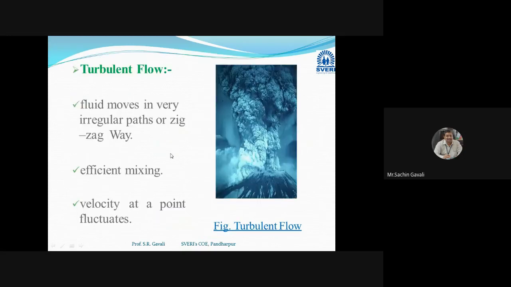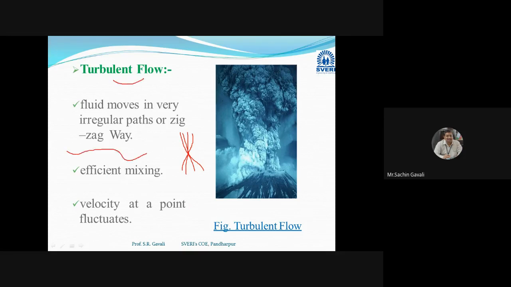The next type of flow is what? If the fluid particles are mixed with each other, as I told you earlier, or the fluid layers are mixed with each other, or they are moving in a zigzag form like this.